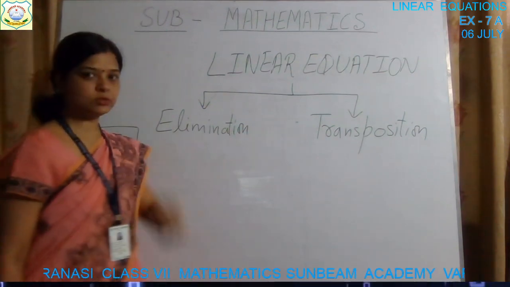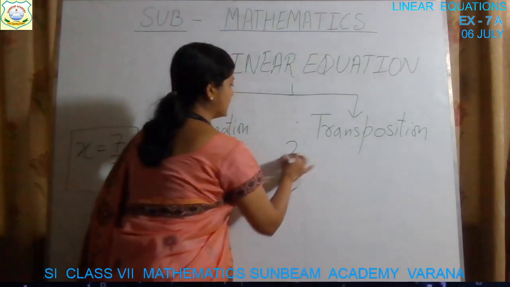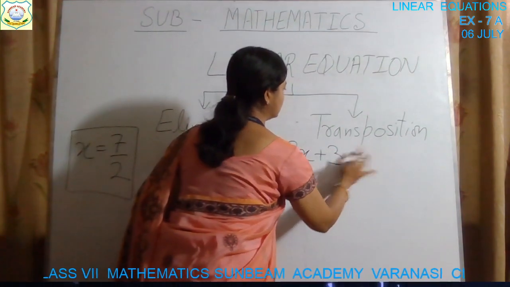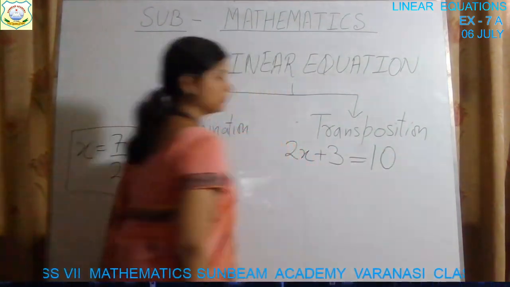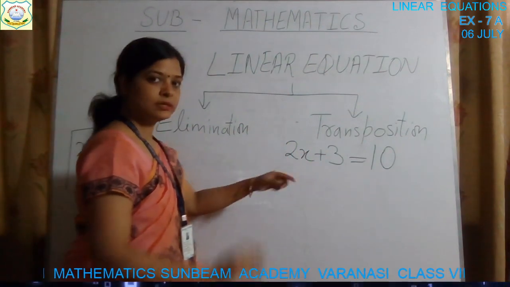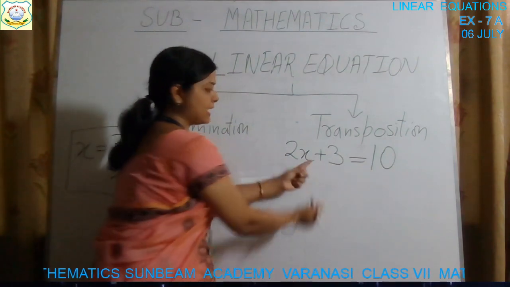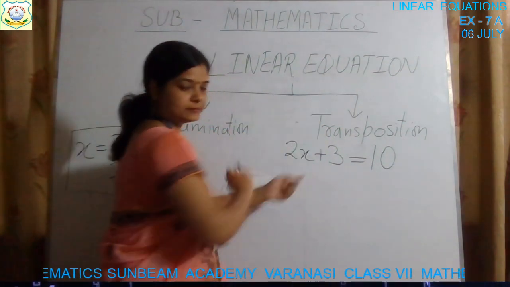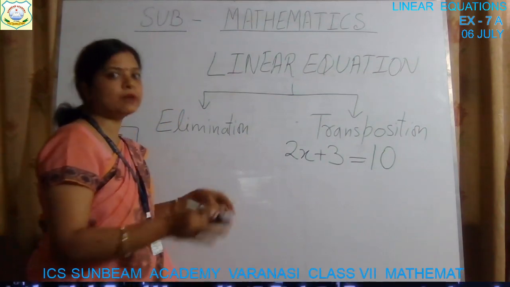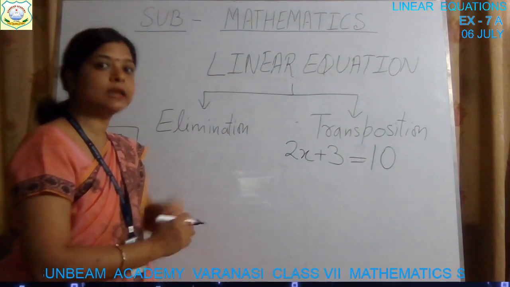Now the transposition method. My question was 2x plus 3 is equal to 10. This was my question. Now first transpose the values, or just separate the variable term on one side and constant term on the other side.